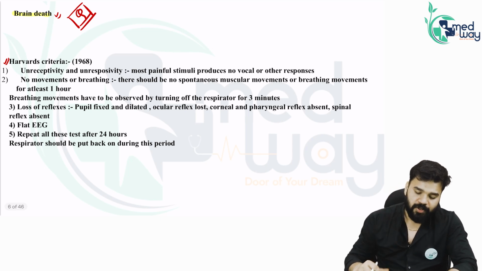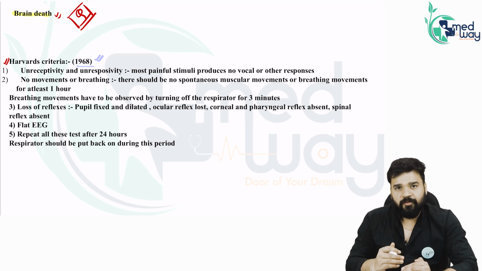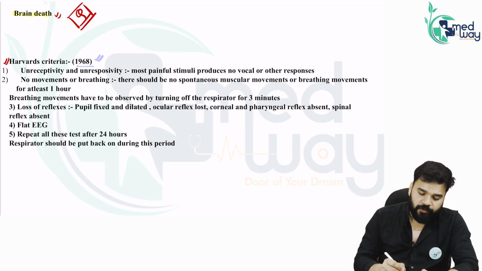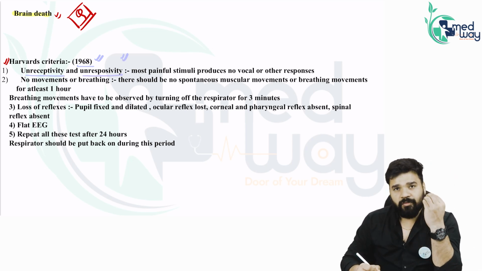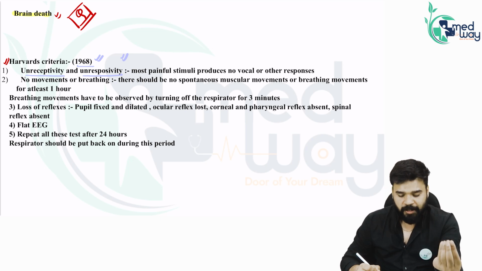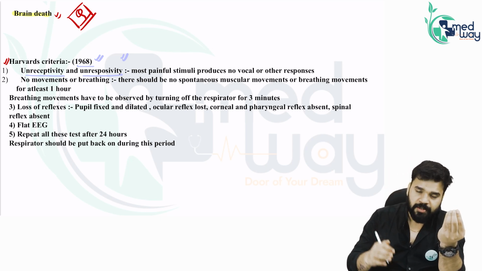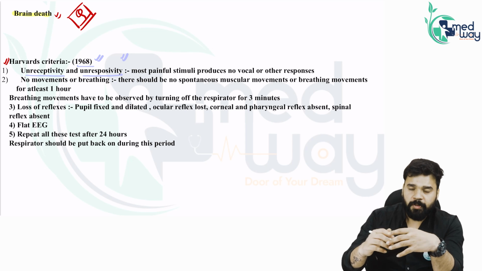Okay, brain death. So coming to what is Harvard's criteria. Harvard's criteria was given in 1968. Now, it contained 5 important points. You have to just learn 5 important points. The first point is unreceptivity and unresponsivity of the brain. Even with the most painful stimuli, that is reception, the person won't be able to react.